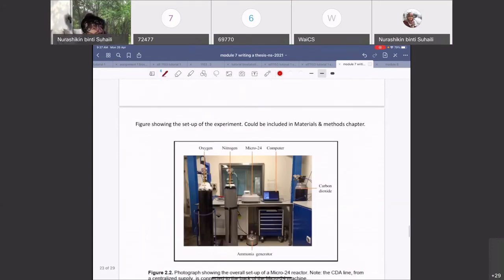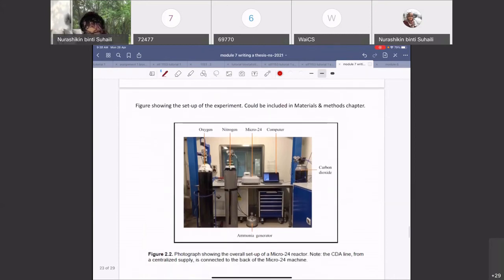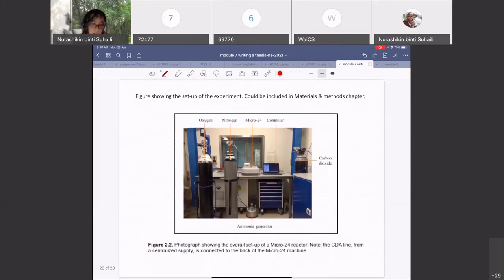In the materials and method, you can also include figures. Maybe when you do the research later in the lab, you want to snap a picture of your experimental setup. You can snap a picture like this. This is a picture that I snapped when I was doing my PhD. You have to label it and mention what it is. Here I'm showing the setup for this micro-24 reactor.